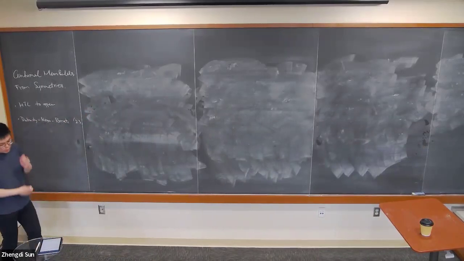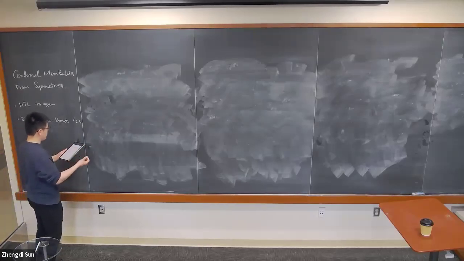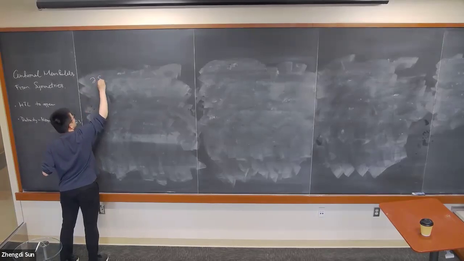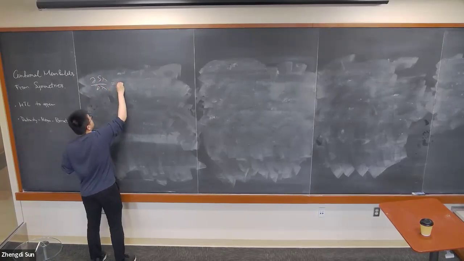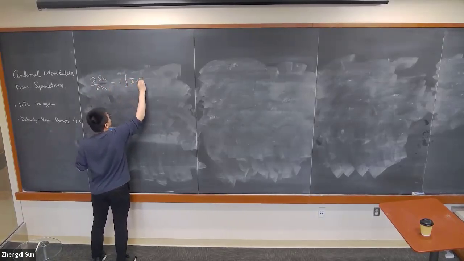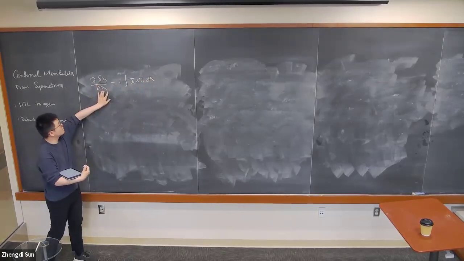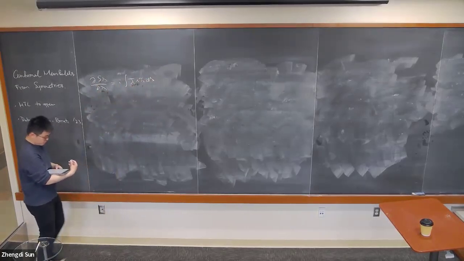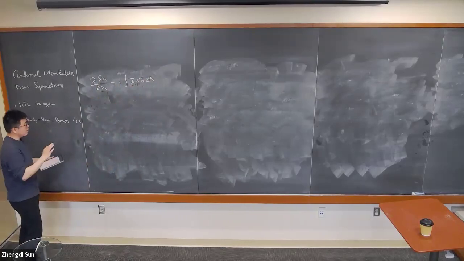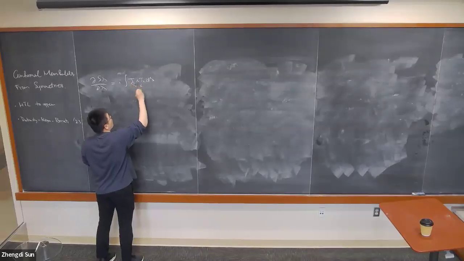But now we would like to do things more abstractly. Naively, one would say that current-current deformation should just be described by the variation of the action with respect to the parameter being given by J1 wedge J2. But this is not enough, because we know that the current operators themselves are functions of lambda.